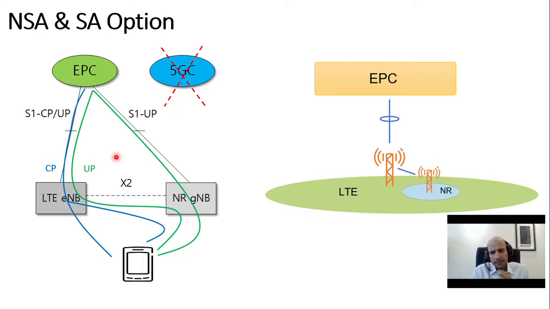Initial access, control plane termination, and QoS are managed by the LTE eNode B, and the NR user plane goes either via the LTE eNode B or directly to the EPC. Mobility control is also split between the LTE and NR nodes. For more detail about these concepts and functionality, we will discuss them in the next presentation and next clips.